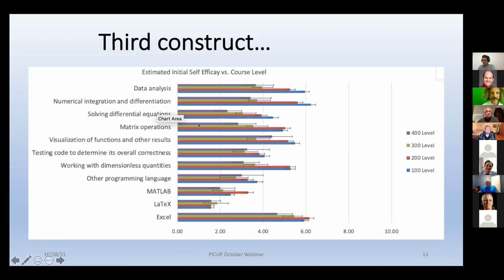So for something like matrix operations, when they're at the 100 level, they're rating themselves up here in the 5.5 or so range. And then as they progress through the program, their estimate of their initial skill goes down and down. Because what's happening there is they're realizing that, oh, there's a lot more to this.